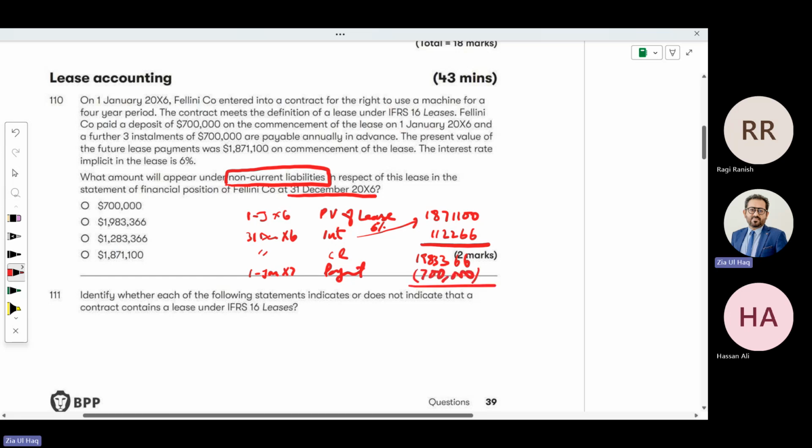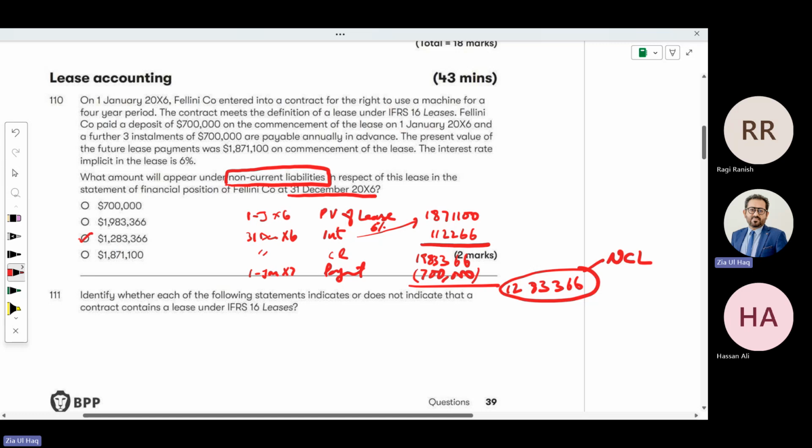And after making payment, what is the amount that will be non-current liability before the interest? What is that amount? 1283366. So this is your non-current liability.